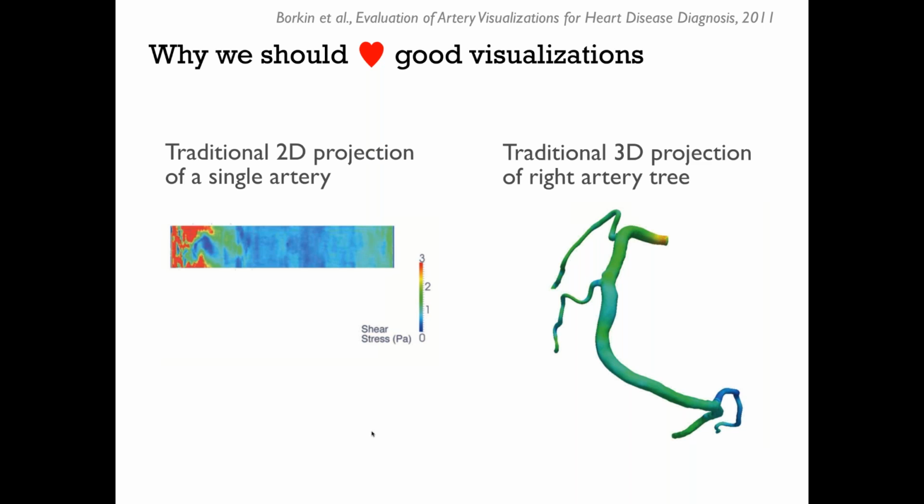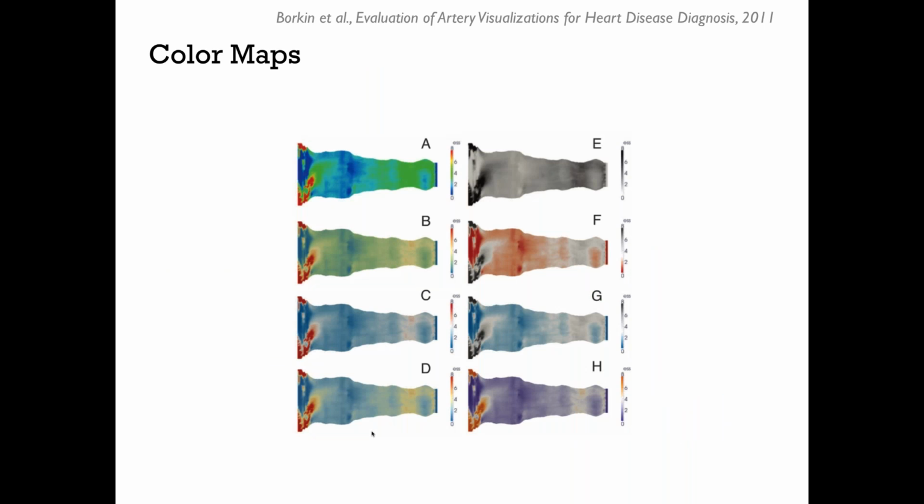So this is the starting point. As I said, this is a traditional 2D projection, and a traditional 3D projection. The first thing that they did is they asked clinicians what color map they would actually like to use to visualize this kind of information. And lo and behold, the first choice of the clinicians was this rainbow color map. And the second choice was this option F here.